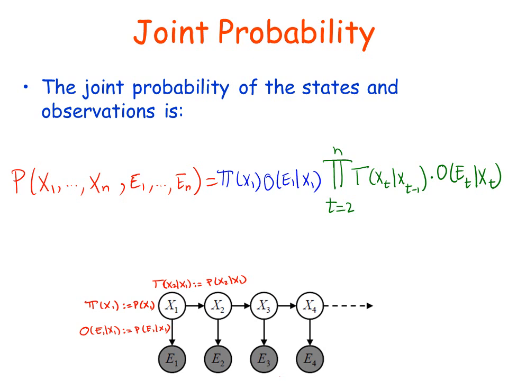So for each state and observation from time 2 to time n, we multiply these two probabilities.